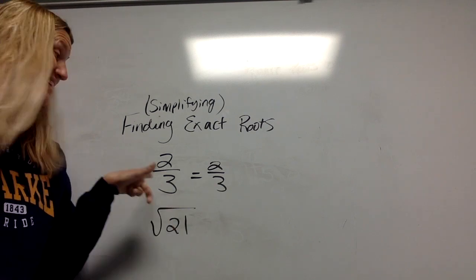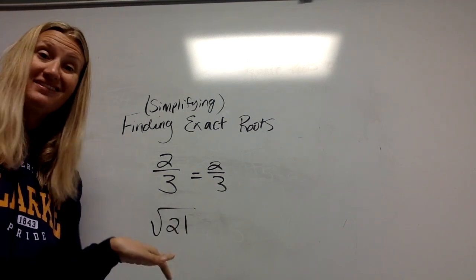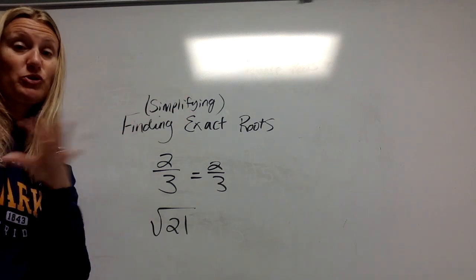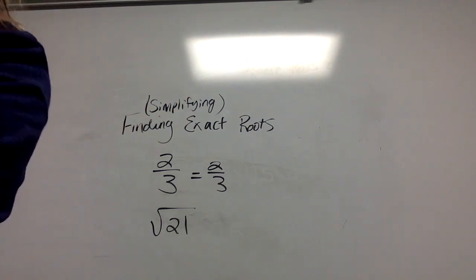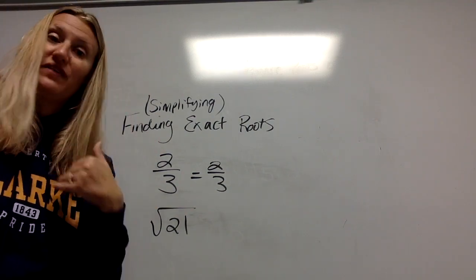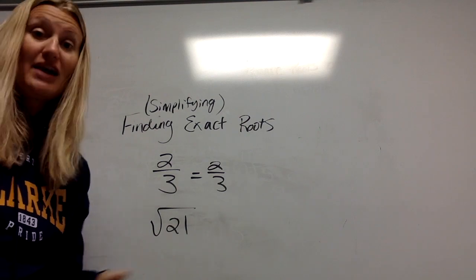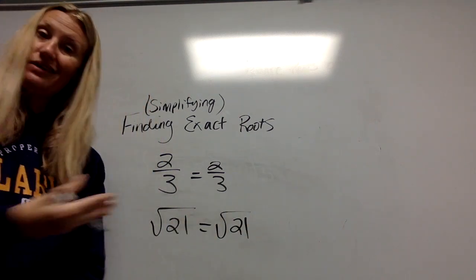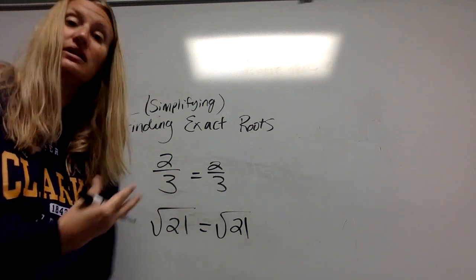Square root of 21 is kind of like the fraction 2/3. This root cannot be simplified, and I know that because when I look at my perfect squares poster and I divide, if I don't know for sure, I'll use my calculator, I can't take 21 divided by any perfect squares and get another factor out. That's not a decimal. So this just remains the square root of 21. That's like a fraction that can't be simplified. Okay?